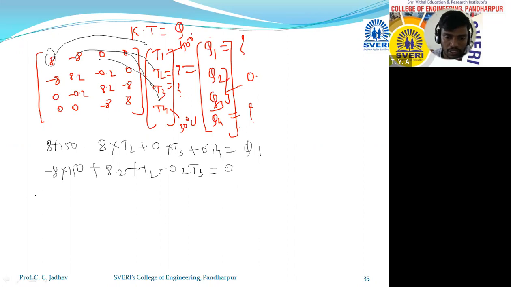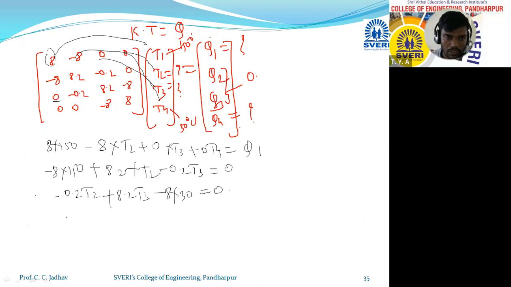Again the next equation: 0 into T1, minus 0.2 T2 plus 8.2 into T3 minus 8 into 30, the last temperature, is equal to 0.